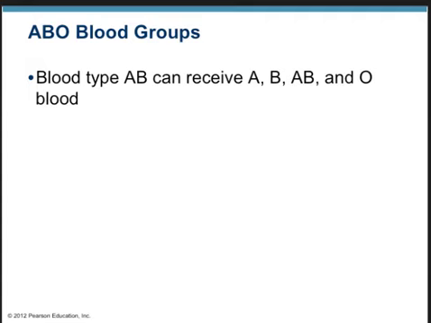As a result, they are not going to have antibodies against their own antigens, so they will lack antibodies against either the A or the B antigen. There is no corresponding antibody against the O antigen. So an individual who's type AB can receive any other blood type, A, B, AB, or O. So they're termed universal recipients.